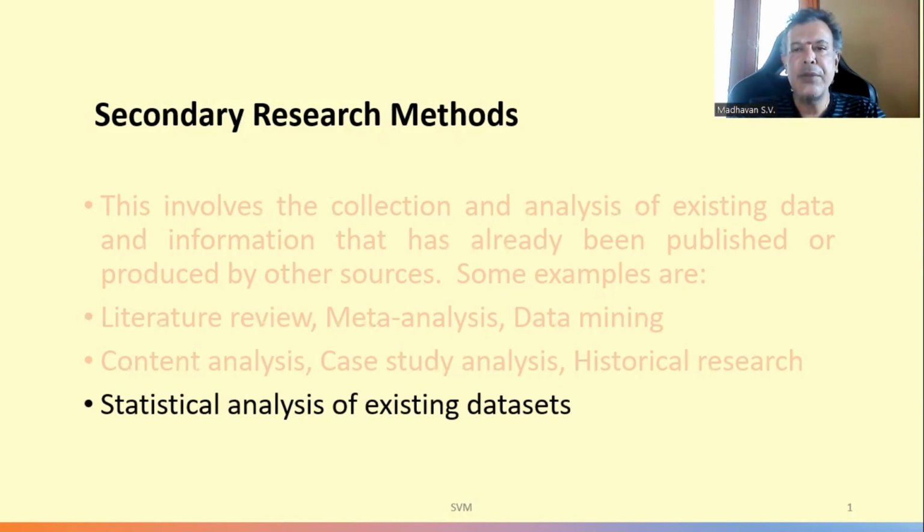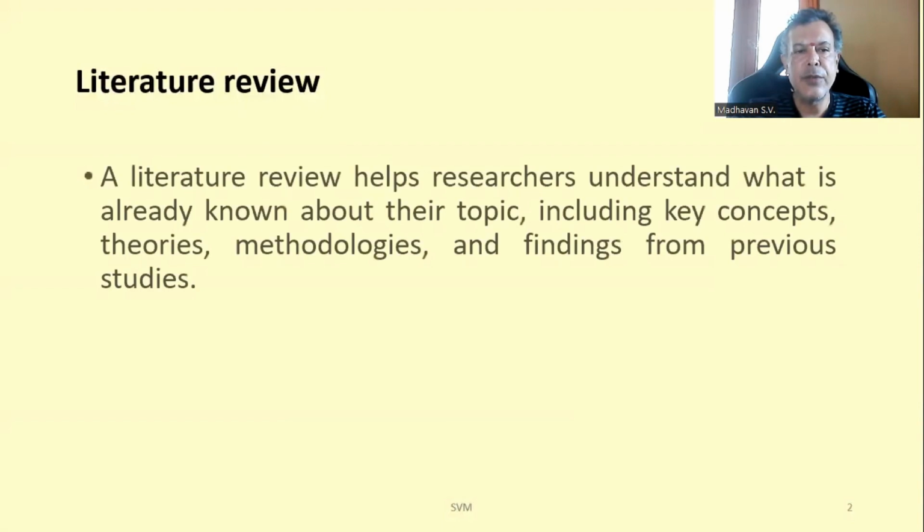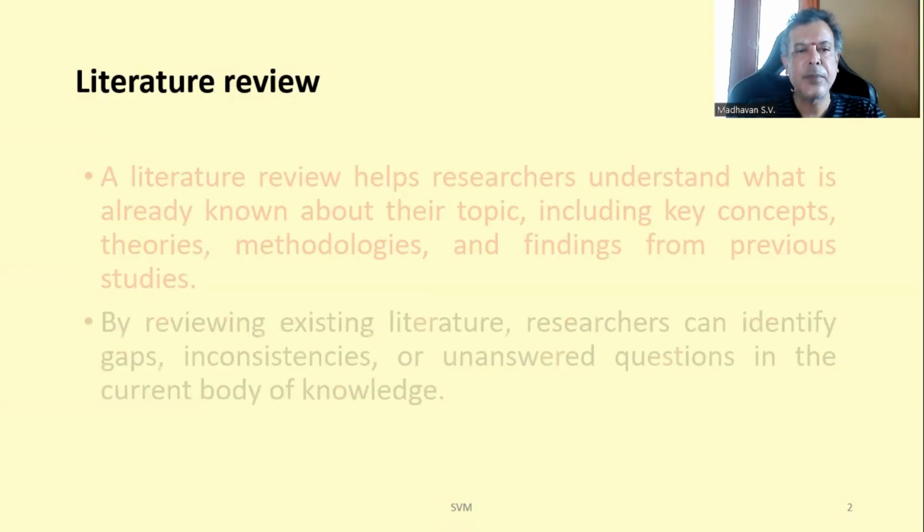Now we will understand individually what literature review, meta-analysis, data mining, etc. are. First of all, literature review. This helps researchers understand what is already known about their topic, including the key concepts, the theories involved, the methodologies involved, and any findings from previous studies.